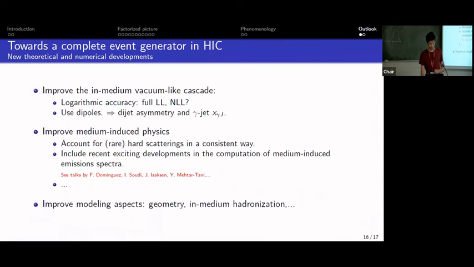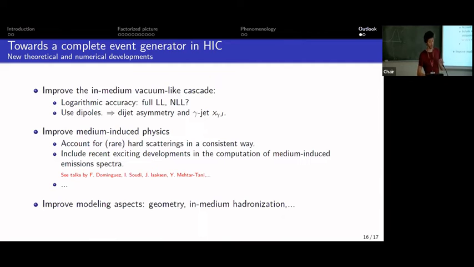And to conclude, we have this picture which can be improved on both sides, both on the vacuum-like side and on the medium-induced side. For the vacuum-like side, I won't spend too much time because Alba tried to make this comparison between vacuum and medium cascades.